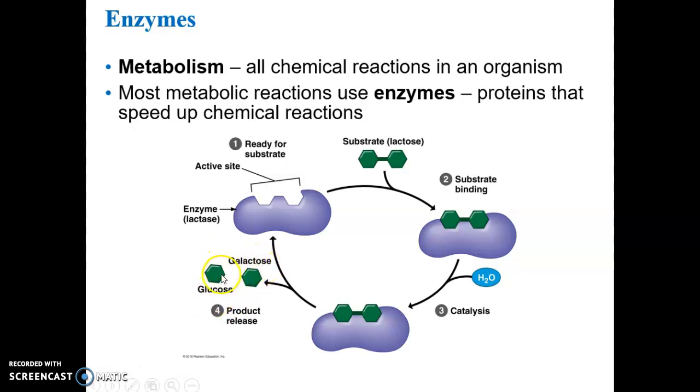Galactose can get converted into glucose by yet another enzyme. Okay? So when you drink milk or yogurt or something like that, cheese, you break down milk sugar quickly by this special enzyme, and it's called lactase. Here's the word, lactase.